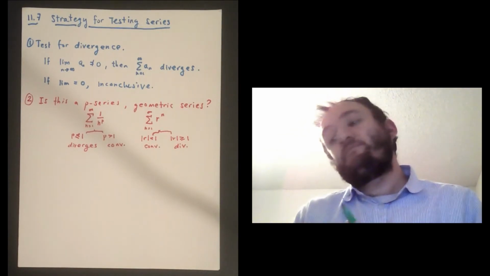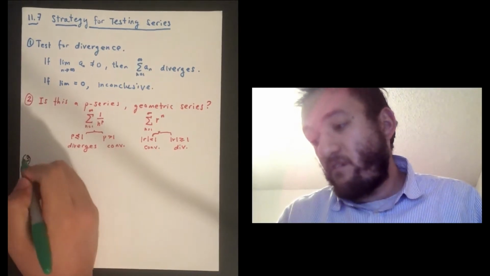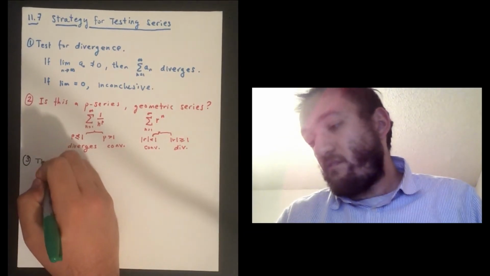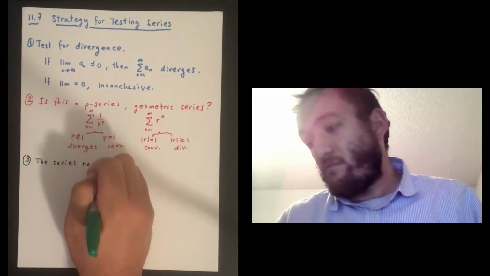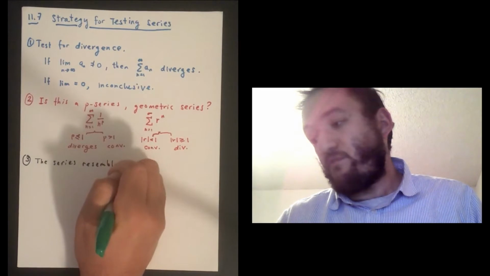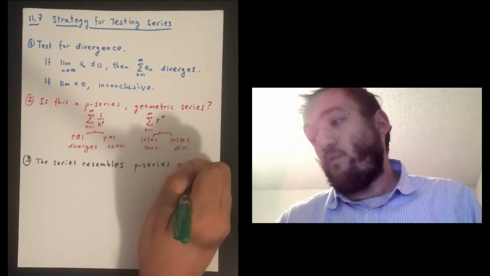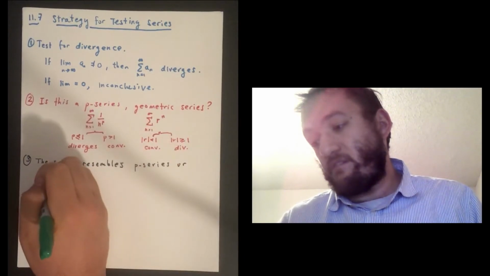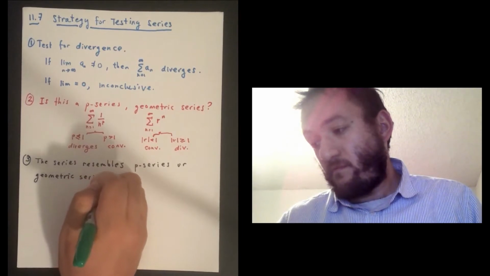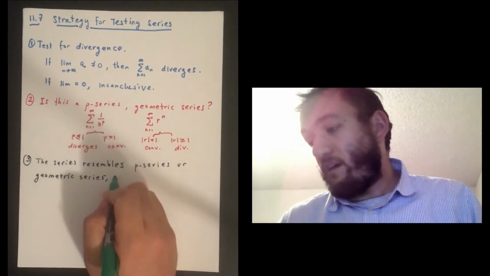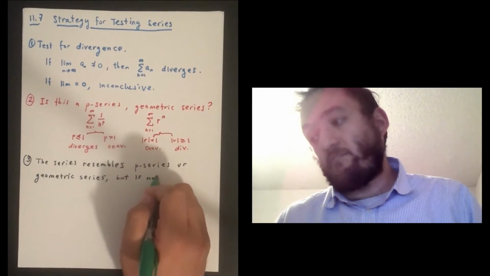Okay, so p-series and geometric series we can work with, but what if the series resembles one of those two familiar forms, so p-series or geometric series, but is not one of them?